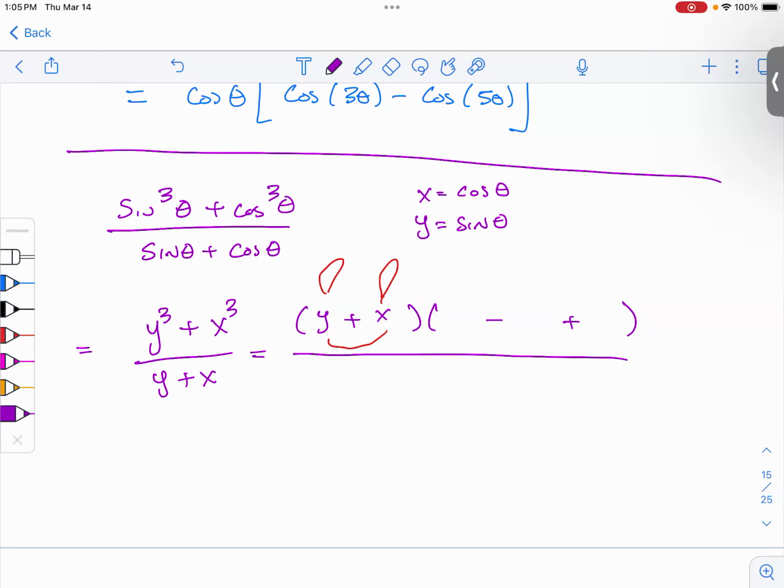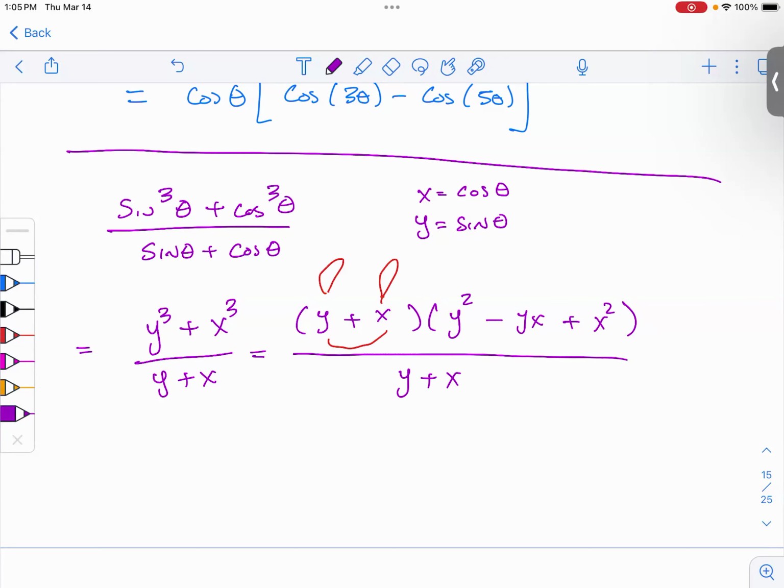Now again, you can just have this written down, but it actually works really well. And the more you do it, the better off it is, which means y times y is y squared, y times x is yx, and then x times x is x squared, all over y plus x still. And then what do we see?